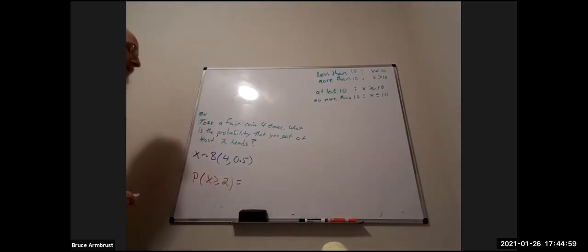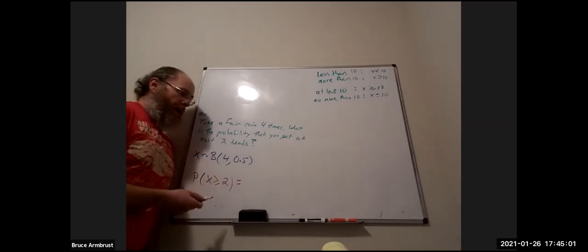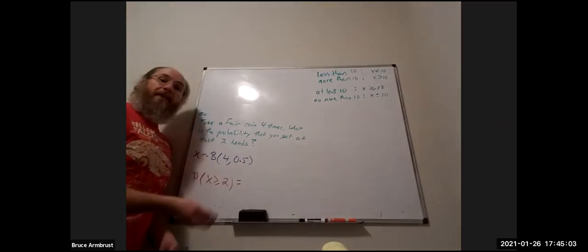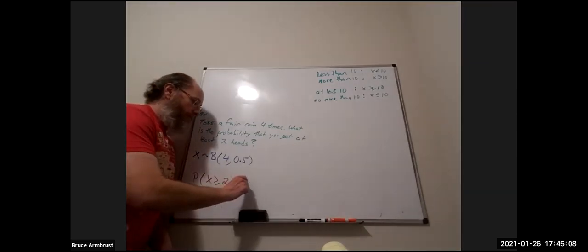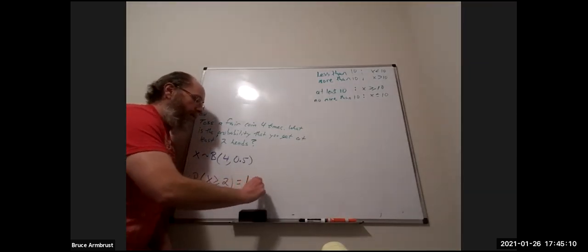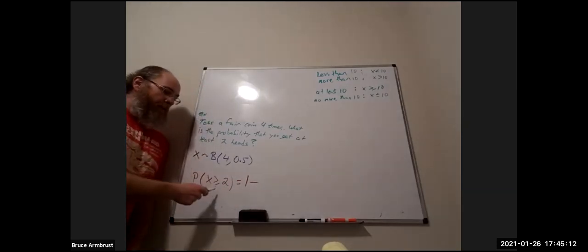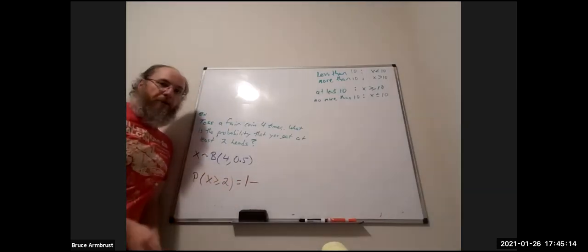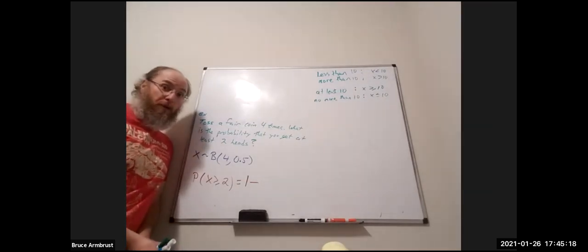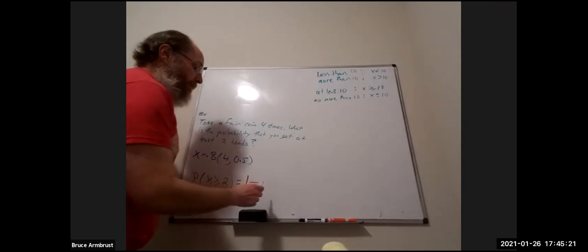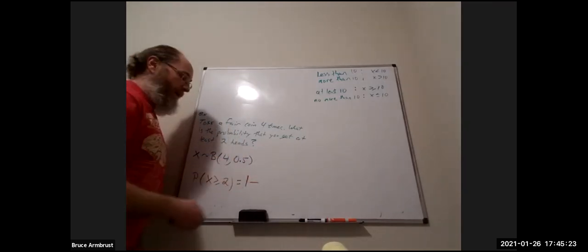Okay, so I'm going to do this the fast way since this is discrete. I'm going to take 1 and subtract the complement of this. So greater than or equal to 2, the complement is less than 2, which means that's either 0 or 1.